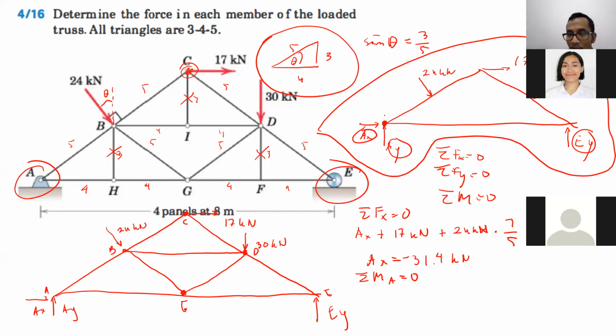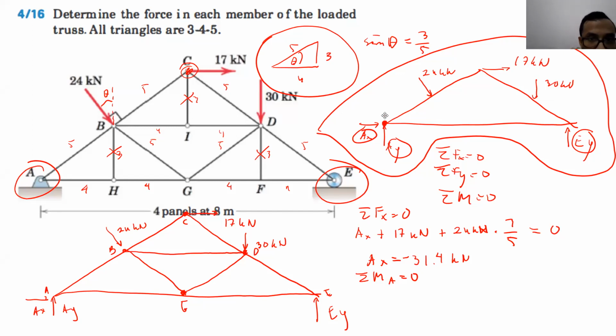EY and the moment due to EY at A is what value? EY multiplied by what? By 8. Are you sure? Remember, this is the distance, right? Oh, this one is 4 as well. 16. 16, correct.